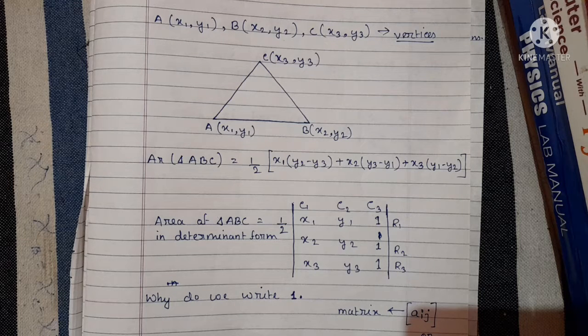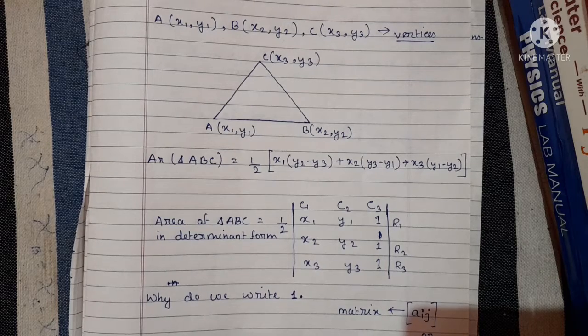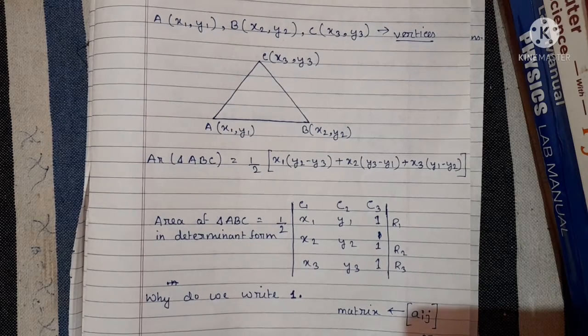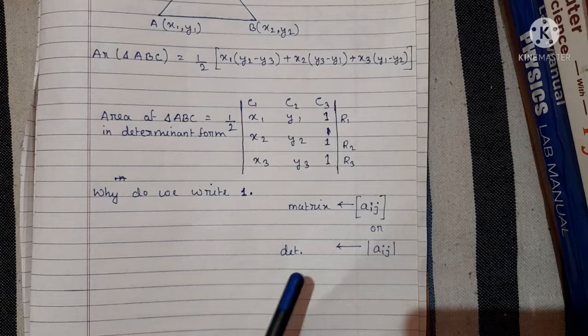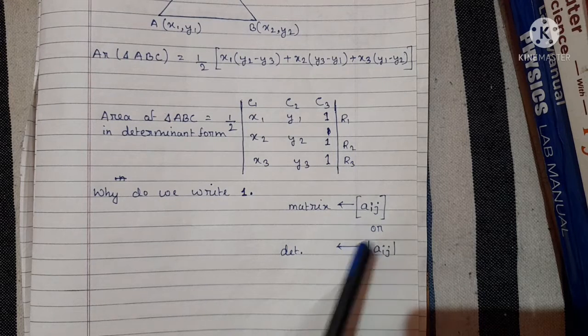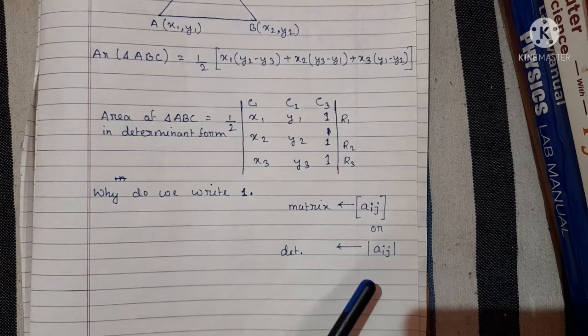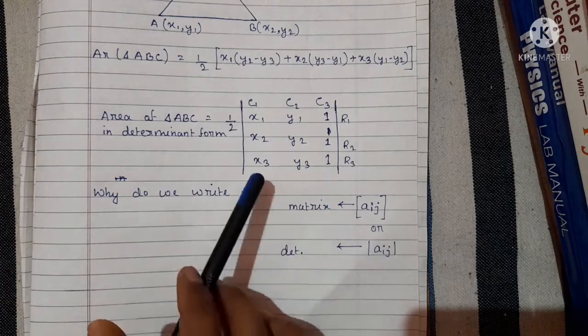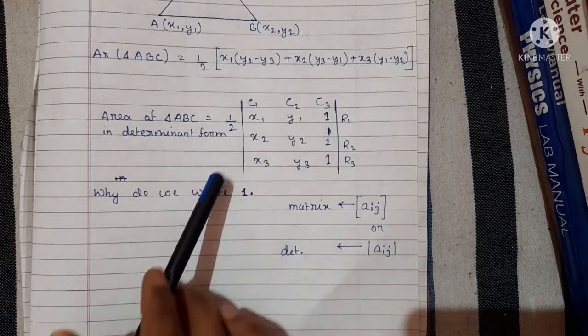I will try my level best to explain this. You know the basic difference between matrices and determinants: matrices are written in square brackets, and determinants are represented like this.